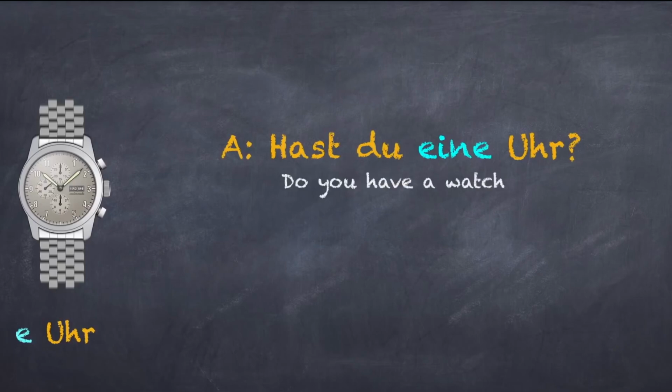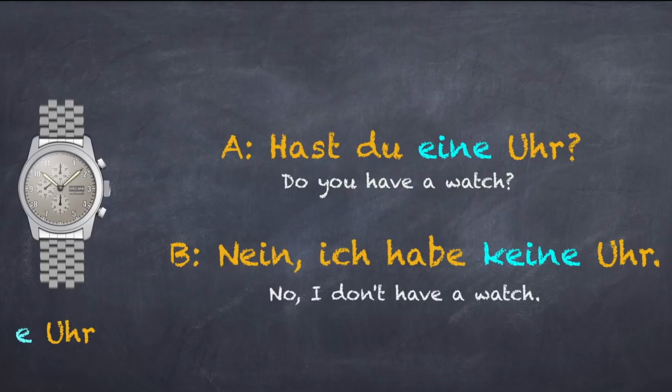Coming to the feminine object. Hast du eine Uhr? Nein, ich habe keine Uhr. Similar to eine, the negative article here would be keine.